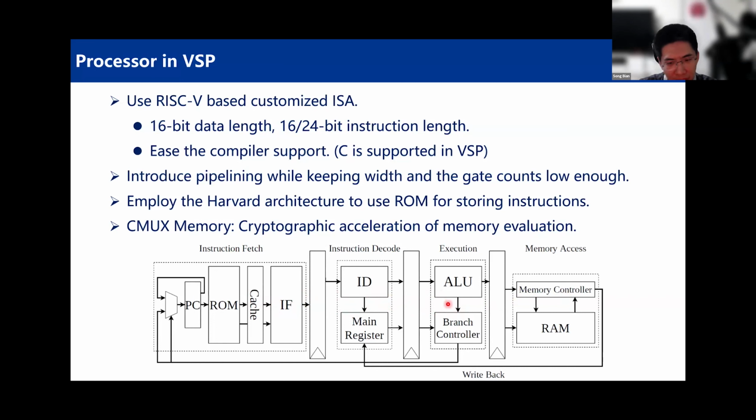This 5-stage pipeline is textbook-level and unoptimized. It's basically what every undergrad student will design on their own, this kind of simple processor architecture. So we have really not done a lot of optimizations for FHE. We were just trying to see if this thing is going to be able to go.